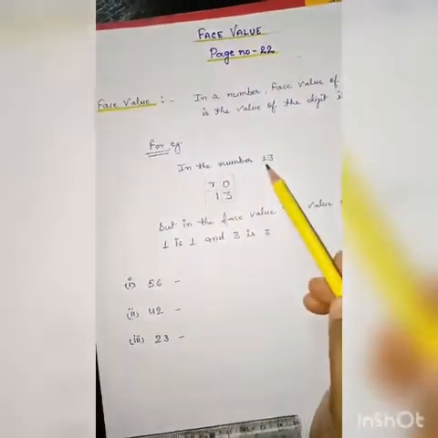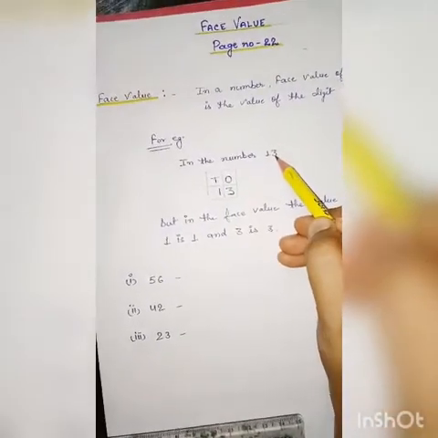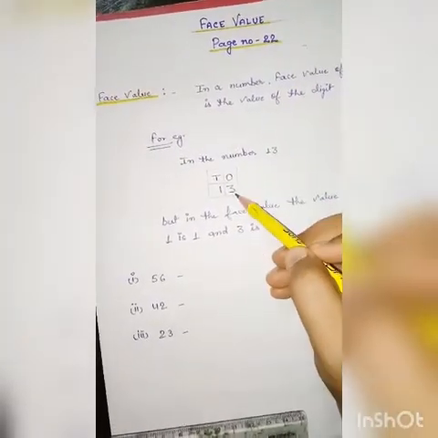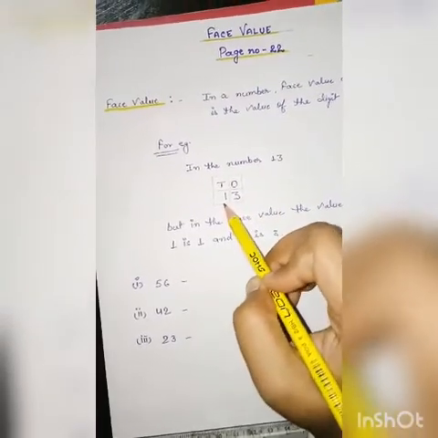In the number 13, as we know, in the place value, 3 is placed on 1's place and 1 is placed on 10's place.